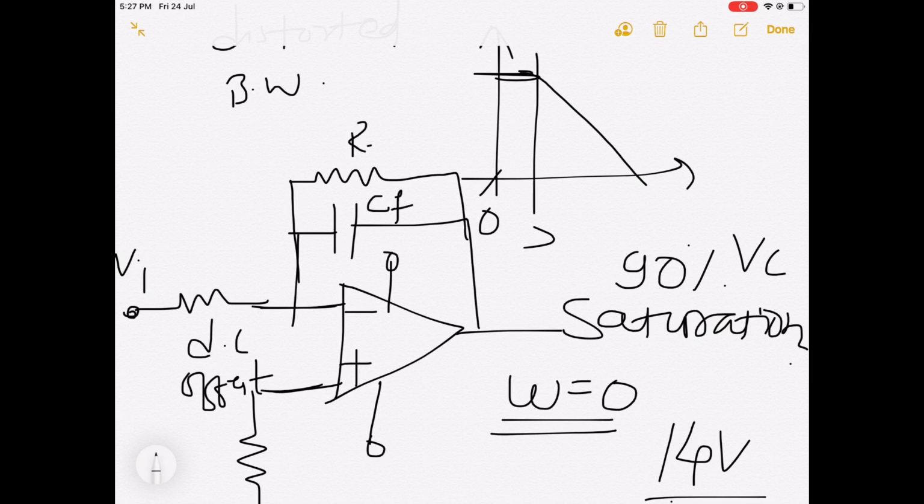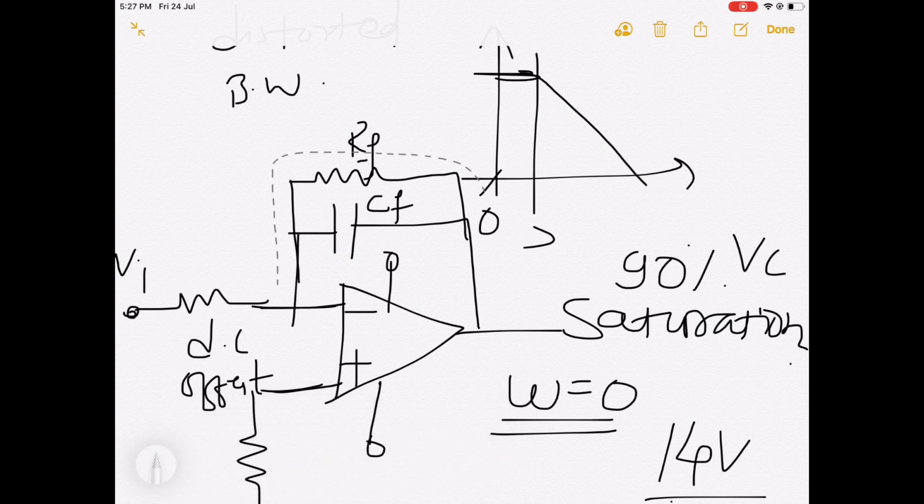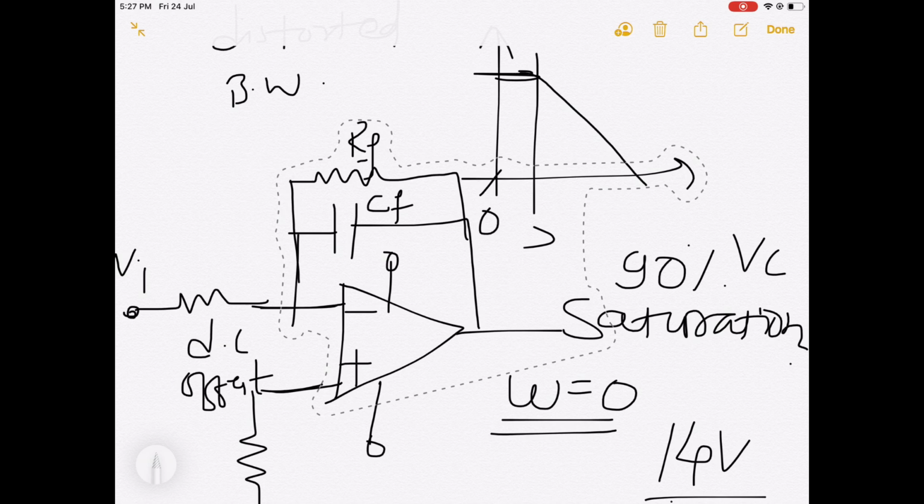That resistor is known as Rf. So, at low frequency, when the capacitor is open, there is no path to pass the current to the output. It will pass through the Rf and then to the output.